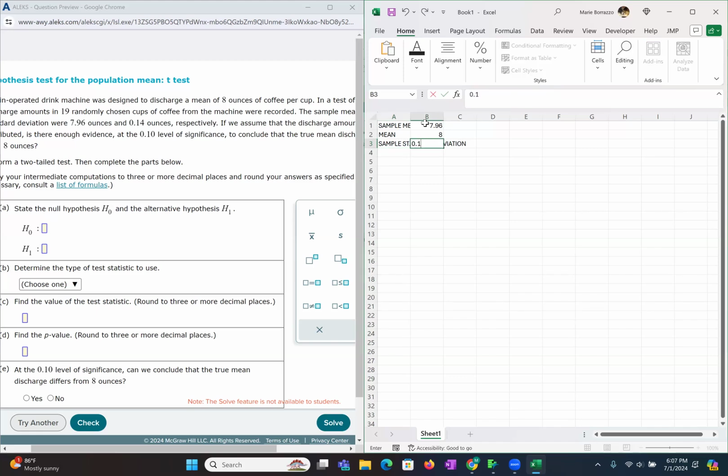Everybody see that in the question right there? If you look at the sample size, there are 19 of them, which means that when we talk about degrees of freedom, we want to do n minus 1, which is equal to the sample size minus 1.